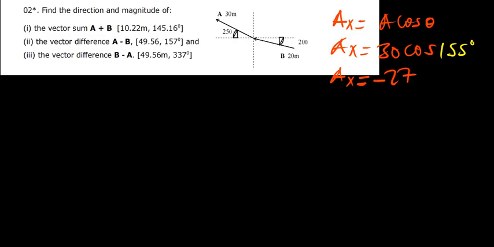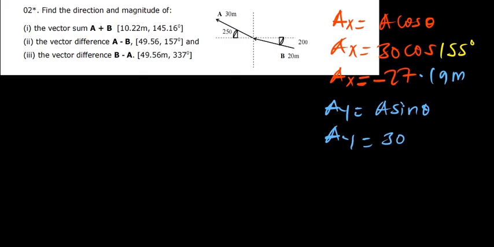So my x component in this case is negative 27.19. Let's find the ay. So ay will be a sine theta. When you're resolving a vector into y component, we are using sine. So my vector is 30, sine the angle is the same, 155. So ay will be equal to 30 sine 155.